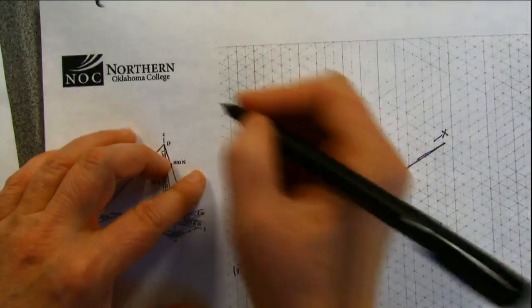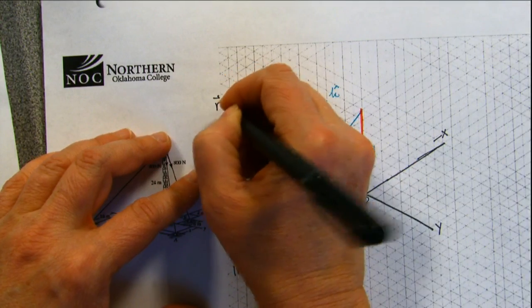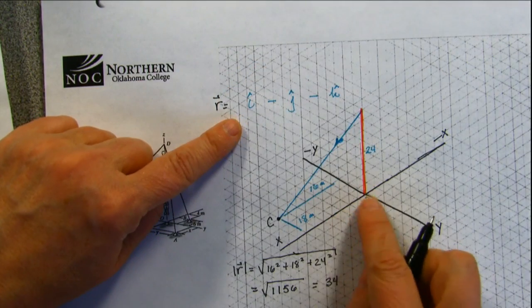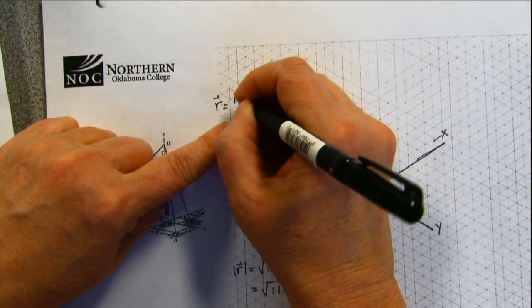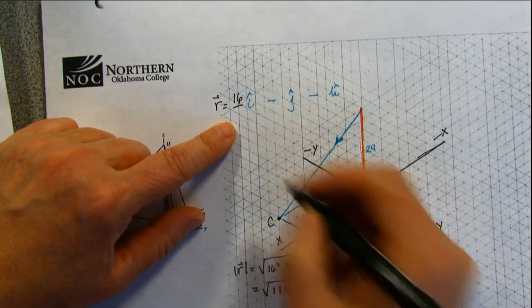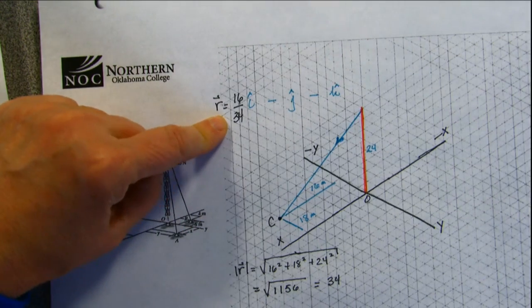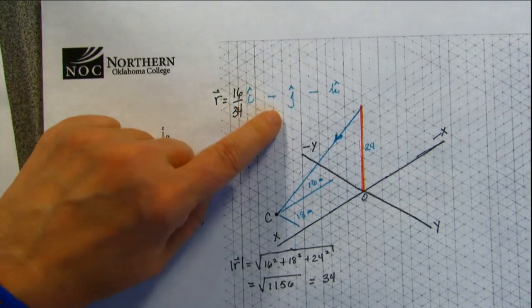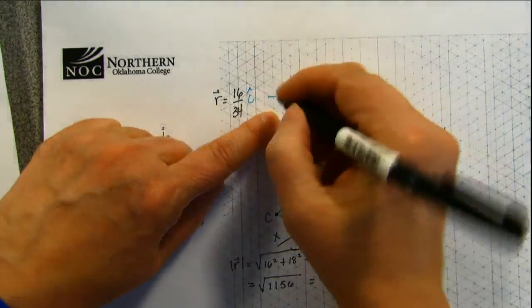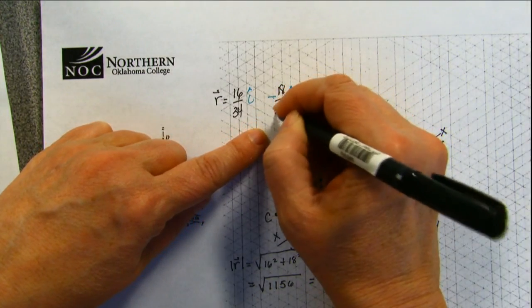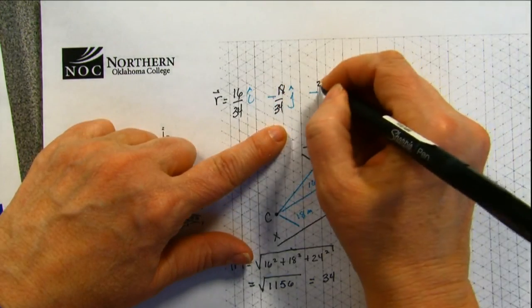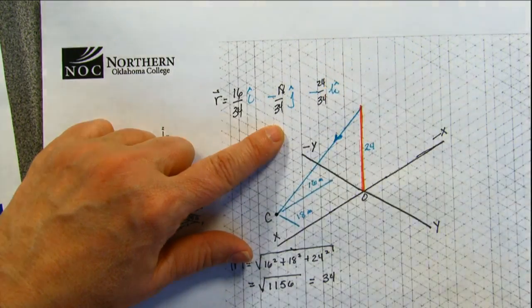So now when I want to write r, my x direction is 16, the magnitude is 34, so that's the number I'm going to put in front of my i. And for the j, it's 18 divided by 34, and my k is 24 divided by 34.